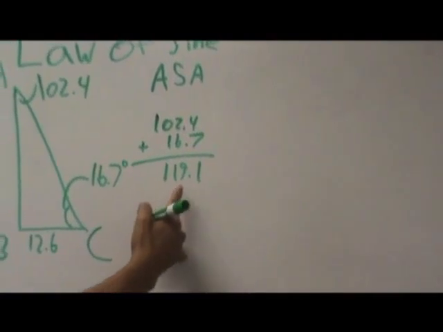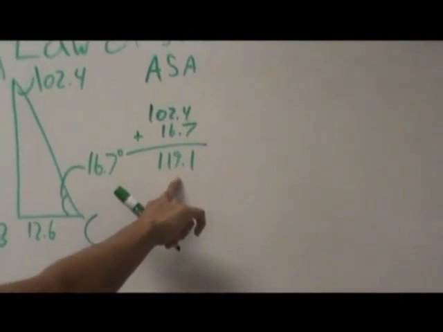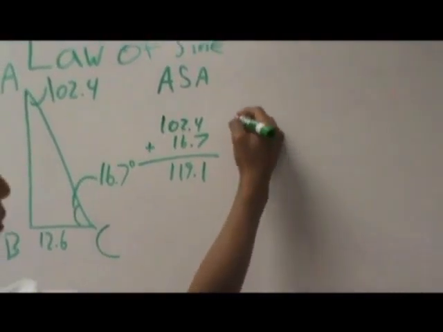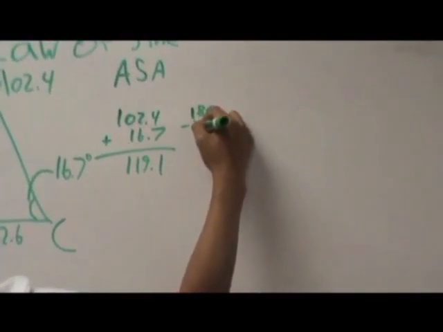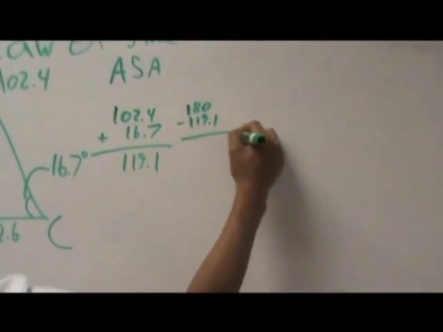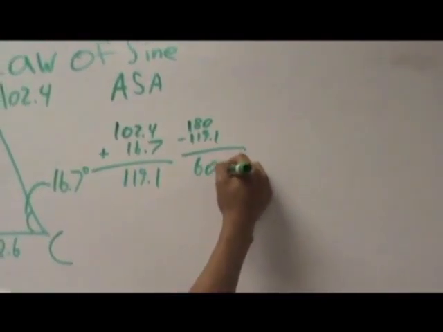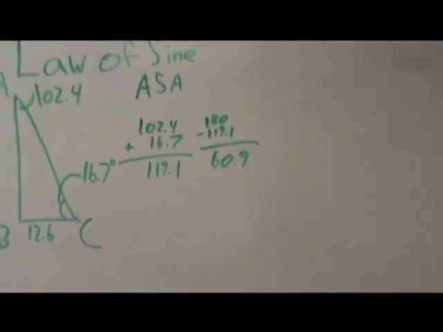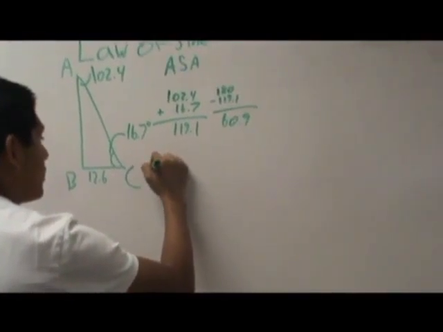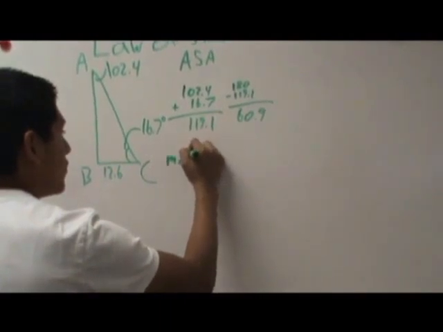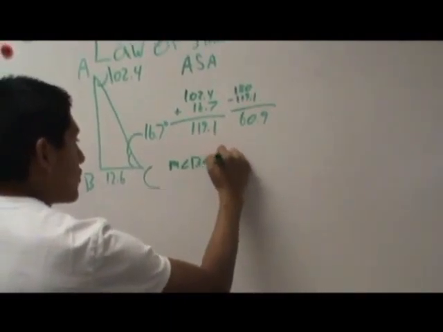And then after this, you have to subtract 119.1 from 180. And that will give you 60.9. Okay, so the measure of angle B is 60.9.